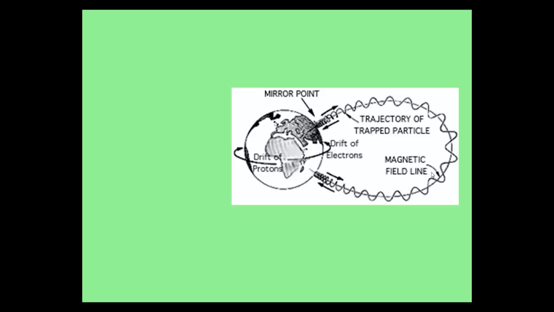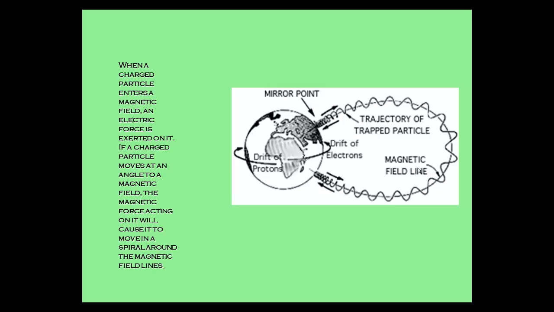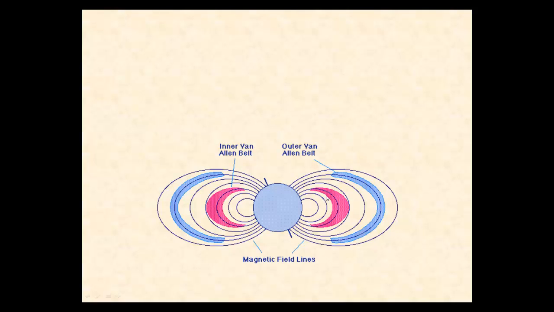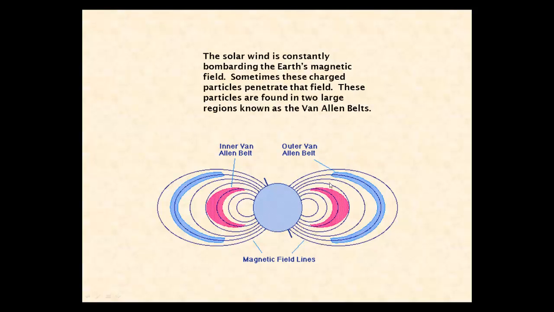When it comes to the earth, you have all these magnetic fields going from pole to pole, and if any of that material gets through and hits that magnetic field, it just starts twirling and twirling around the field, and it does something really, really cool when it spirals around like that. And we'll tell you about that in a second. So it hits this magnetic field, and it makes what we call the Van Allen belts, the inner and the outer Van Allen belts.